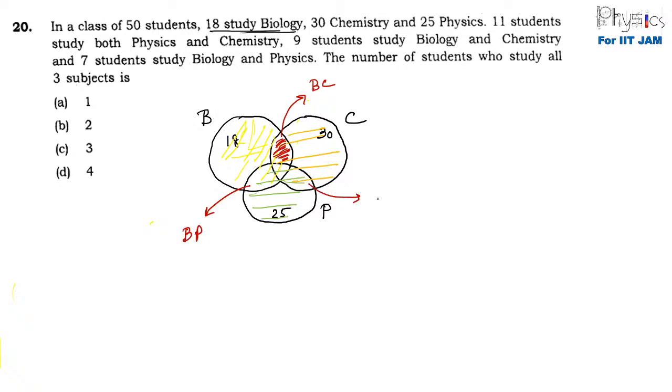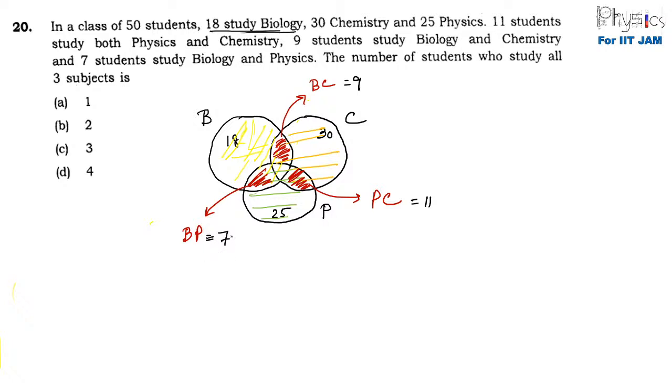This is physics and chemistry, right? Now, how many study biology and chemistry? Biology and chemistry is 9. Physics and chemistry is 11. Biology and physics is 7, right?